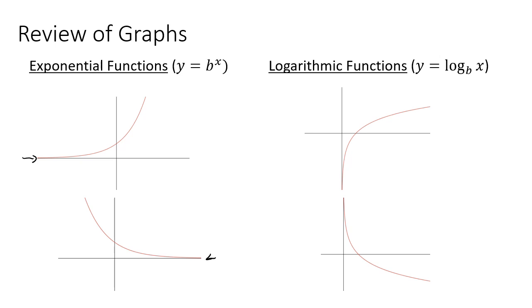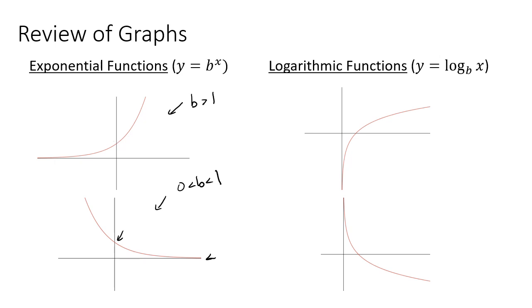They level off to the x-axis, and they have a single y-intercept. You get exponential growth if your base b is greater than 1, and you get exponential decay if your base is less than 1. But because of the restrictions, bases still have to be positive, so between 0 and 1.